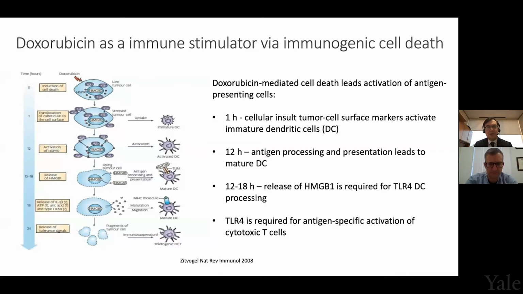Doxorubicin causes a particular type of cell death that releases this important factor, HMGB1, which is recognized by the dendritic cells and activates them, which then in turn present the tumor antigens to the immune system and activate a T cell response. So it is an interesting concept to know that the presence of doxorubicin could have beneficial effects in terms of activating the immune system.